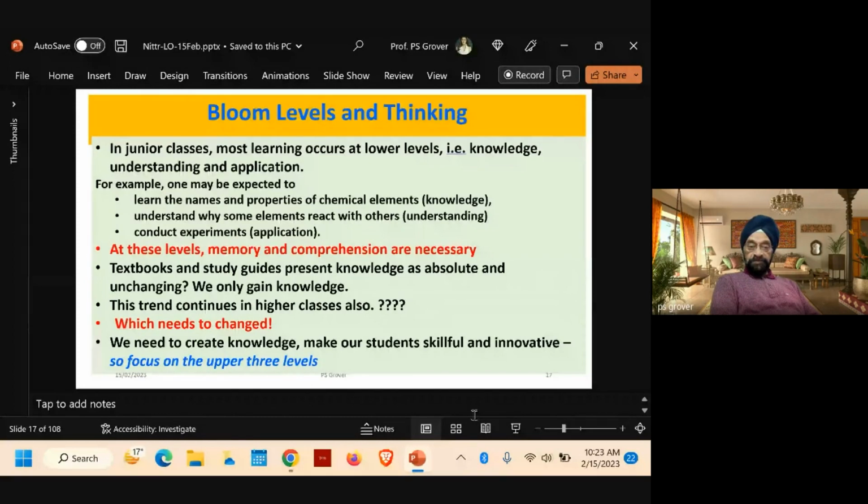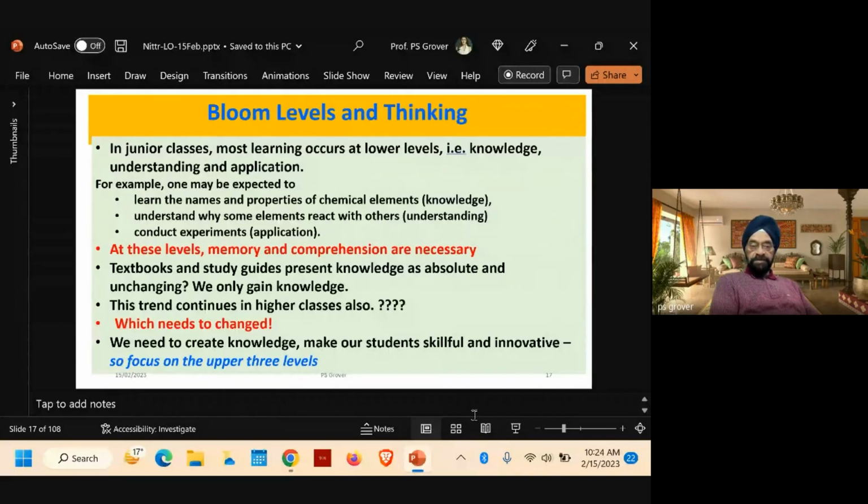At these levels, memory and comprehension are important. Though textbooks and study guides present knowledge as absolute and unchanging, we only gain knowledge. That means at the three lower levels, you gain knowledge, you learn, and then start applying it.